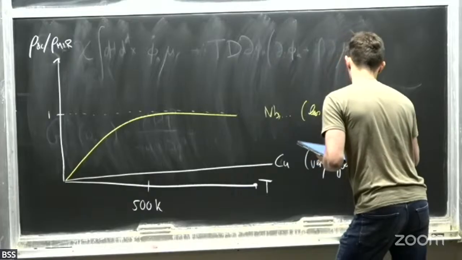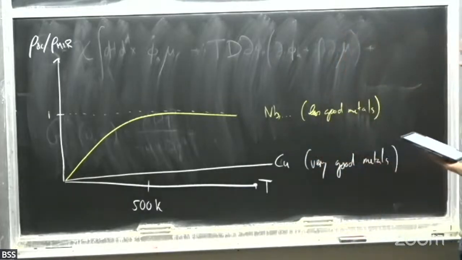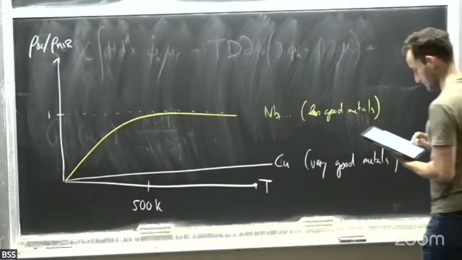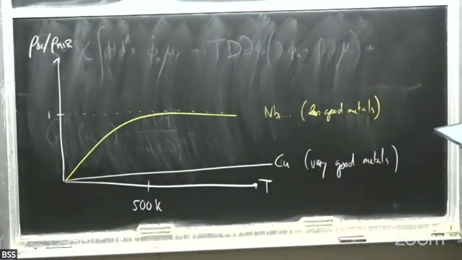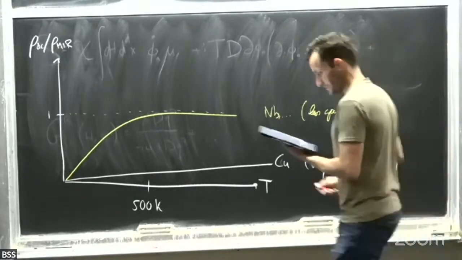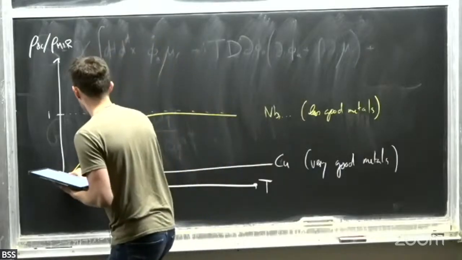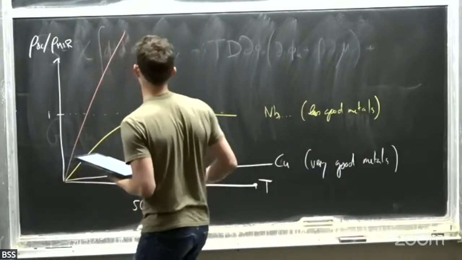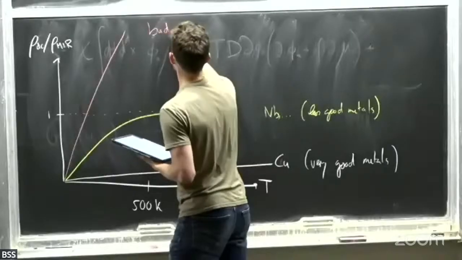And this saturation, even in these less good but still decent metals, is also not completely understood. And part of the interest in this bound is also in the fact that it's completely violated in many materials called bad metals.